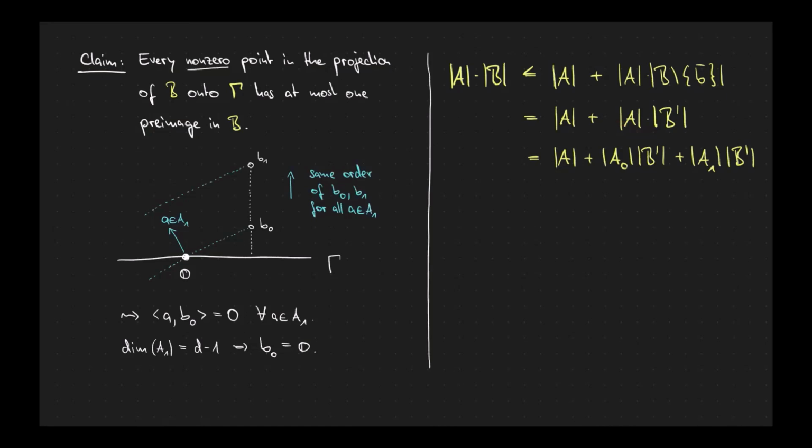And now the thing that you realize is that for these two parts, you can apply induction. After maybe translating one of the two sets, they satisfy the induction hypothesis. You have to be slightly careful because these sets again have to span R to the d-1, because this was one assumption, but that's fine.